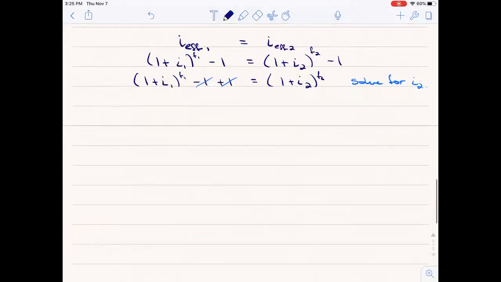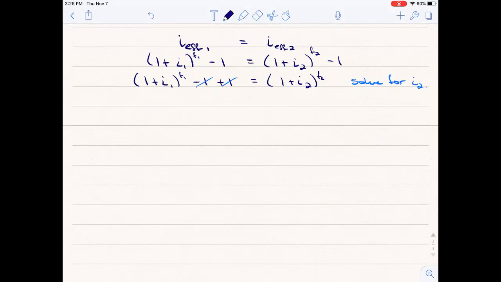So if I'm solving for I2, I need to take the F2th root of both sides. How do I take the root of one side? I do to the power of 1 over F2.